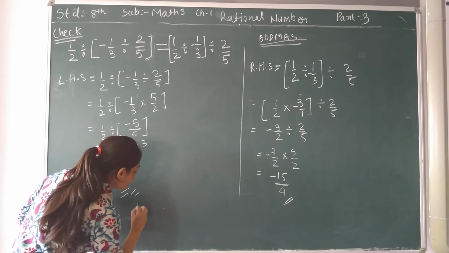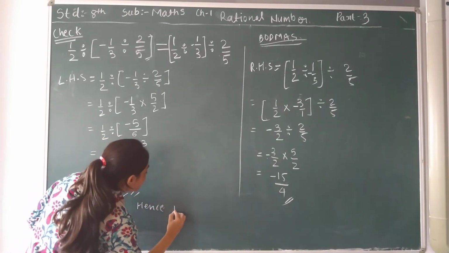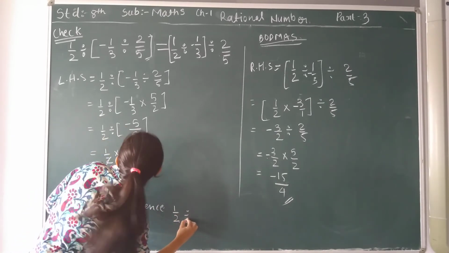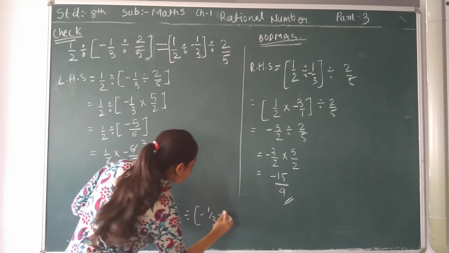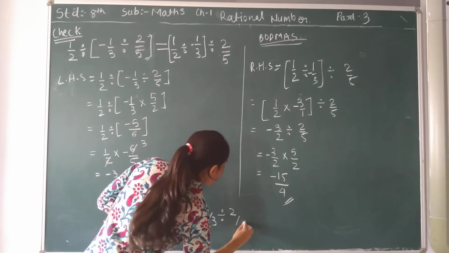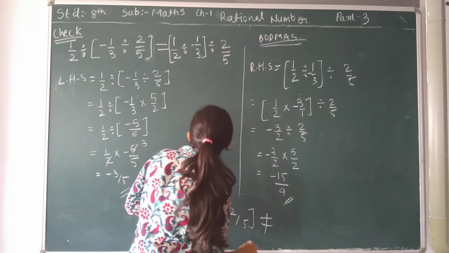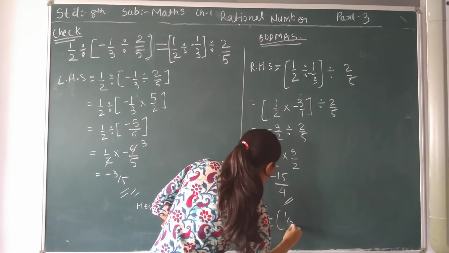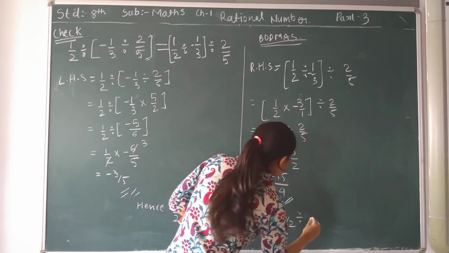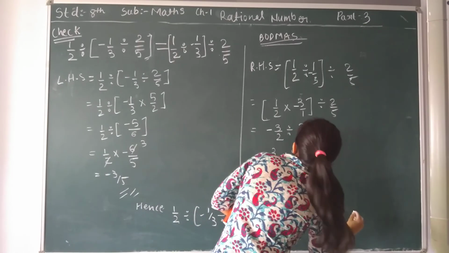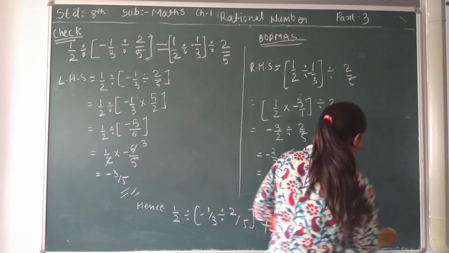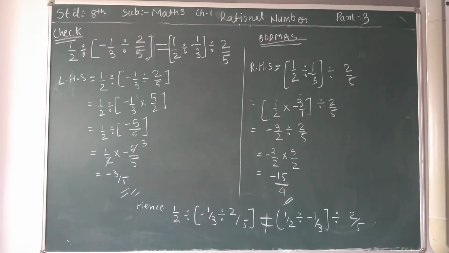So you can say, hence, 1 upon 2 divide minus 1 upon 3 divide 2 upon 5 is not equal to 1 upon 2 divide minus 1 upon 3 divide 2 upon 5. Pause the video and note it down.